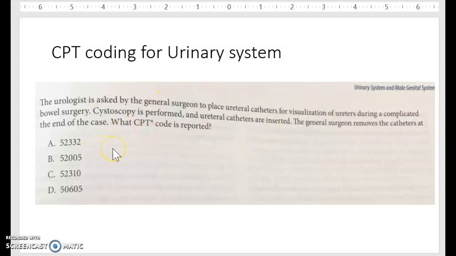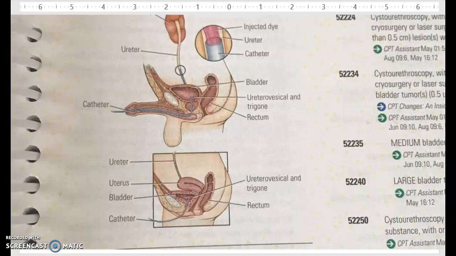Very important to understand and remember all those key points. So remember, understanding anatomy is very important. Why? Because now I need to know what he is doing and why he is doing it, right? So when he said cystoscopy of the ureter, where did he go? Did he go into the urethra? Or did he go all the way up here? So yes, he inserted a catheter through the urethra, into the bladder, into the ureter.